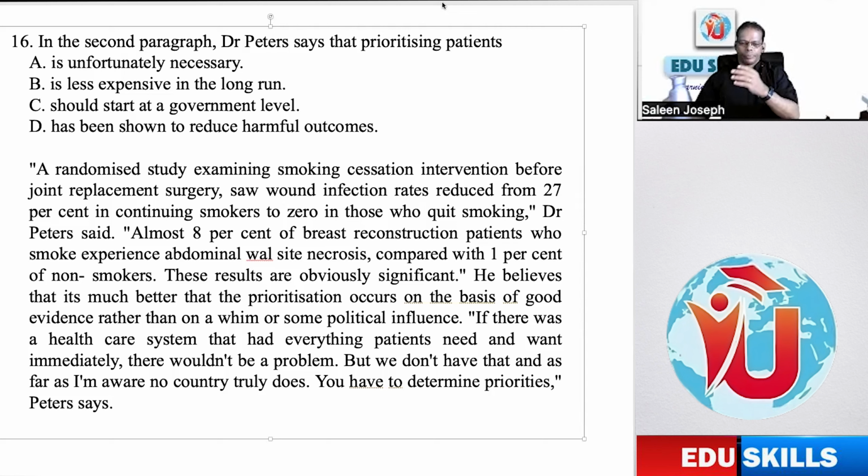These results are obviously significant. He believes that it's much better that the prioritization occurs on the basis of good evidence rather than on a whim or some political influence. If there was a healthcare system that had everything patients need and want immediately, there wouldn't be a problem. But we don't have that, and as far as I'm aware, no country truly does. You have to determine priorities, Peters says.